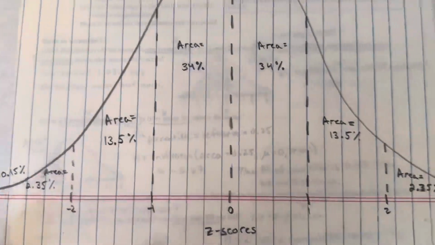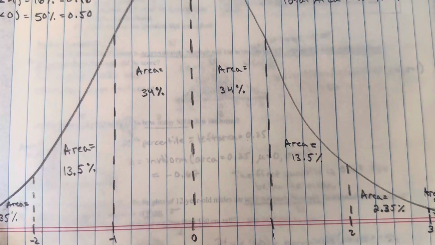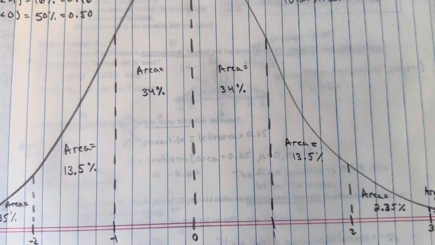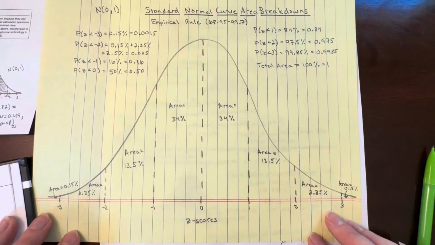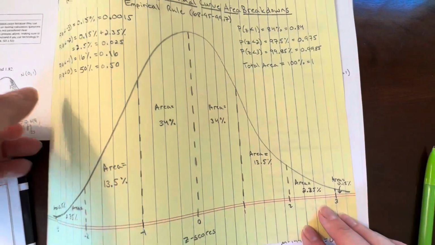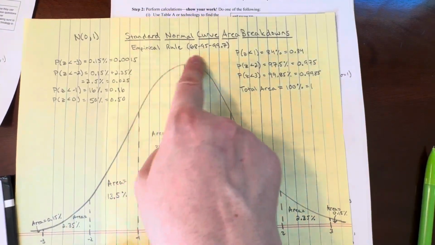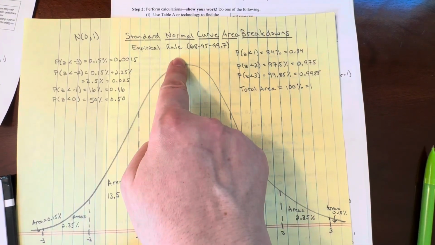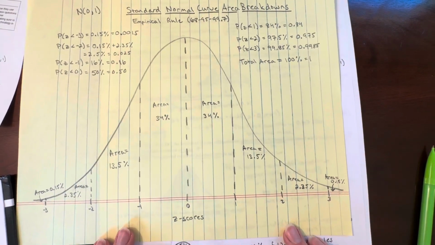Something that I want you to understand here is that in the middle, let me see if I can zoom out a little bit. There we go. So we have the standard normal curve area breakdown. This is using the empirical rule, the 68, 95, 99.7 rule that we looked at in our previous lesson.